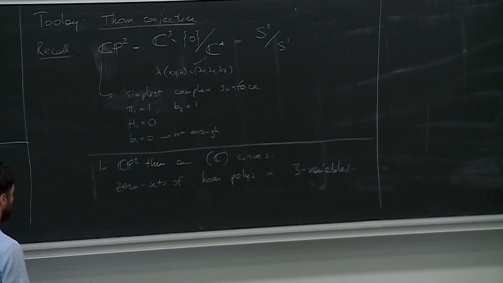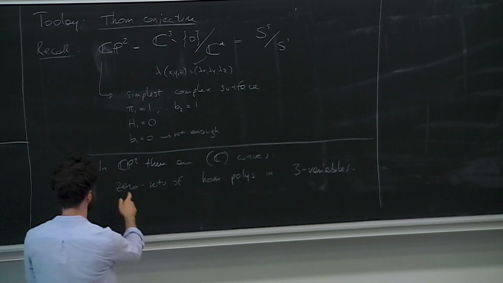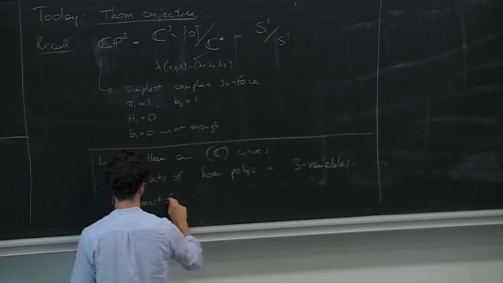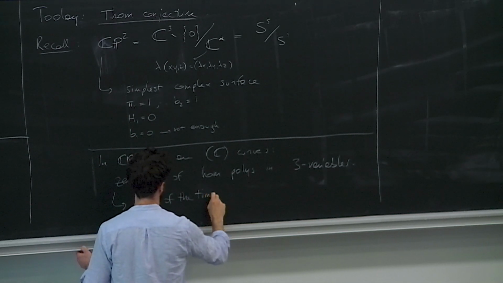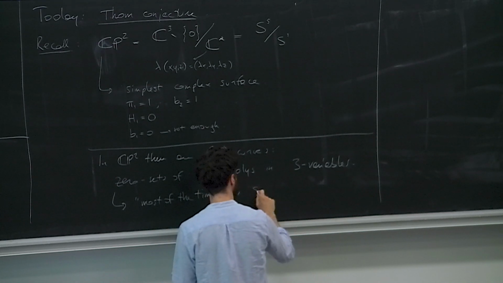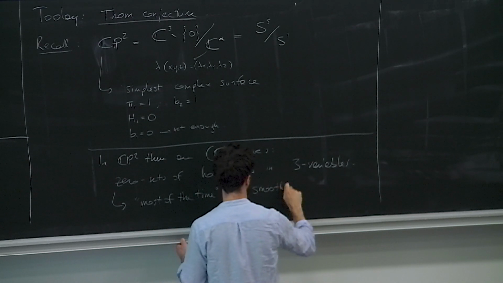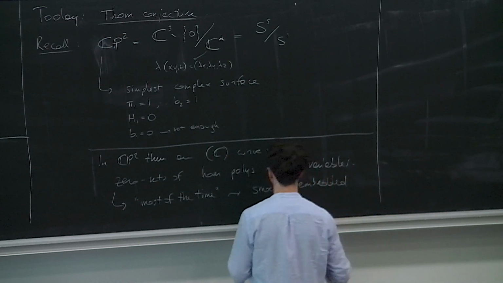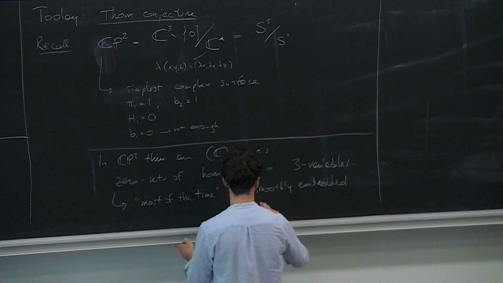And if you're not unlucky, meaning if you choose a sufficiently generic polynomial, then this zero set, most of the time, yields a smoothly embedded surface, oriented surface.